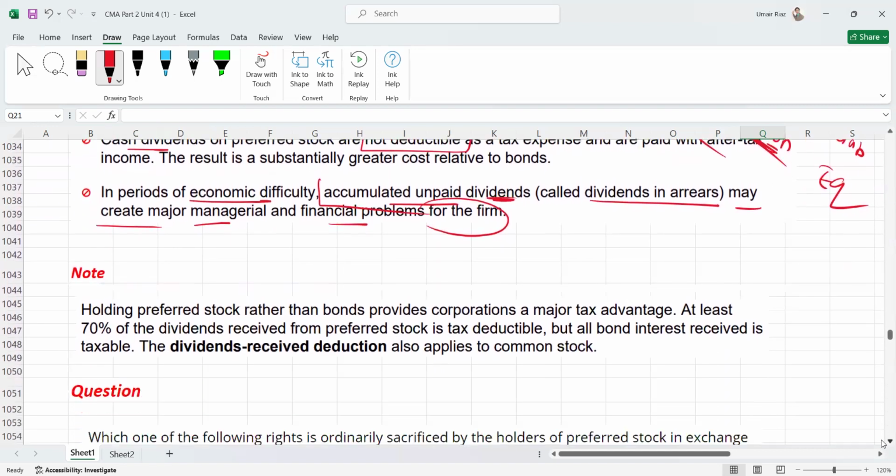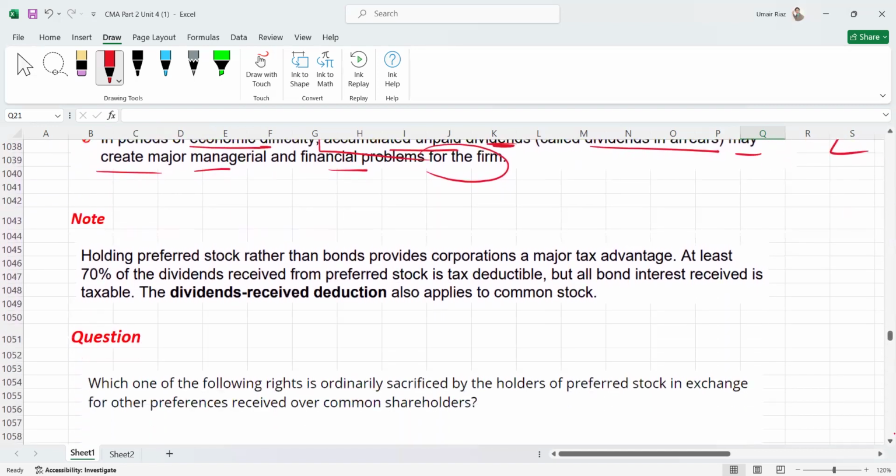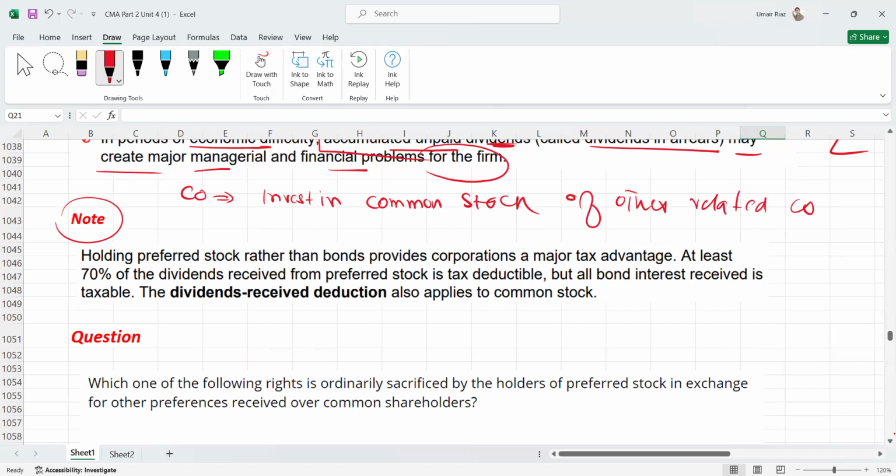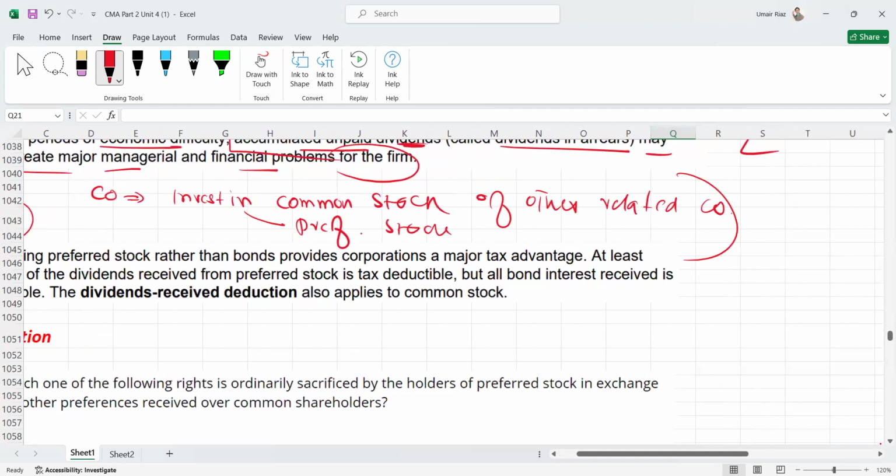So here we have a note, guys, from another point of view. For example, if as a company you invest in common stock of other related companies, or in preferred stock of another related company, obviously in this investment you will receive dividend.